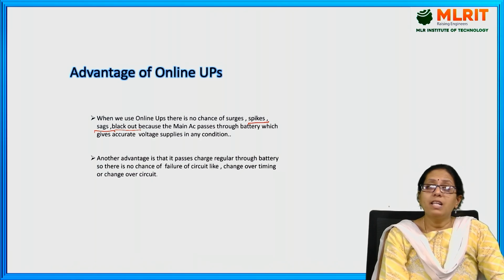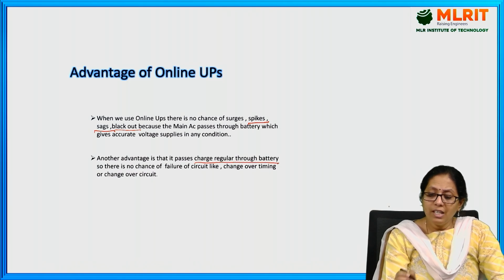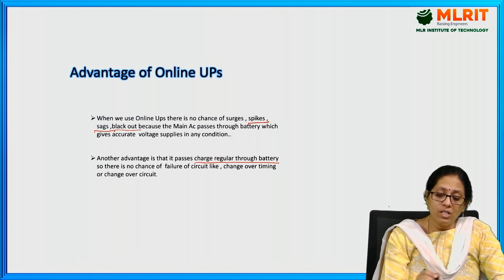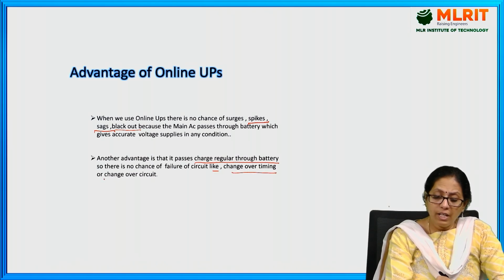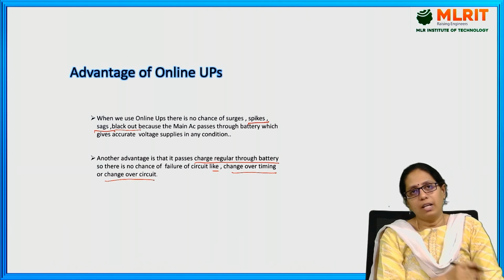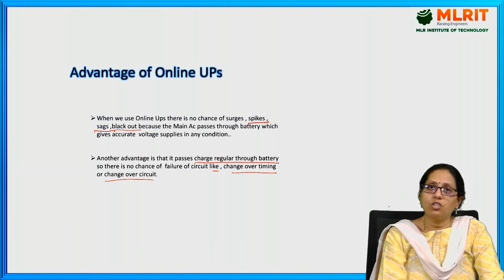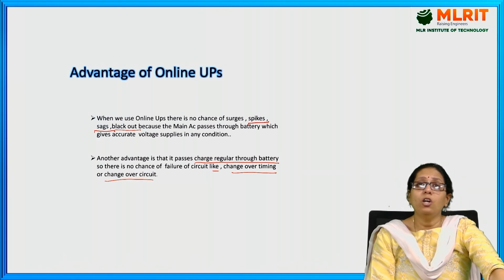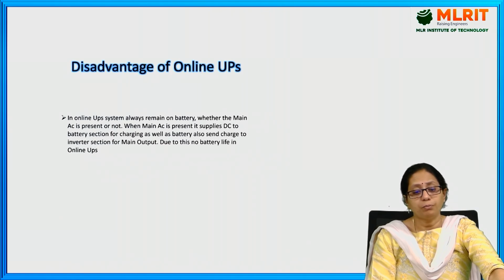Another advantage is that it passes the charge regularly through the battery, so there is no chance of failure of the circuit like changeover timing or changeover circuit. That means no need to change the circuit and no need to change the timing of switching devices. So these are the two advantages of the online UPS system.